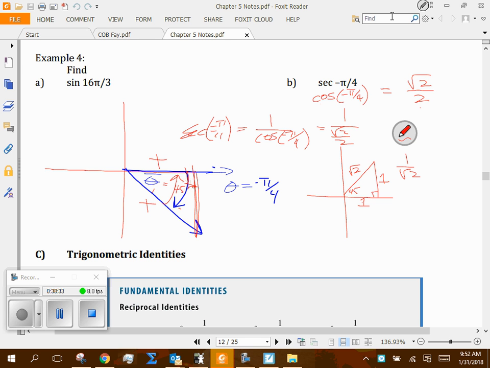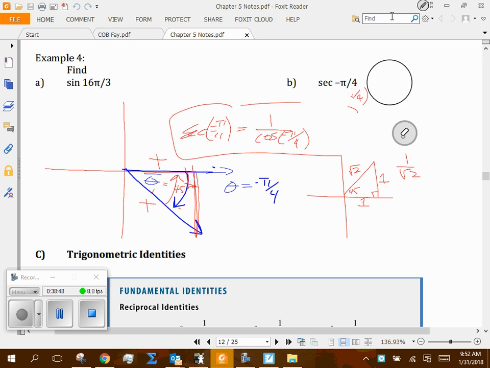Ultimately, you're probably not going to write all this down, but when you found the cosine to be that ratio, the secant is the reciprocal of that. So it's 2 over radical 2, which rationalizes to 2 radical 2 over 2, which just gives me radical 2.